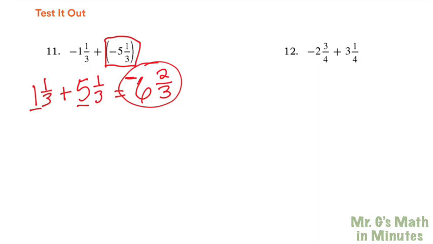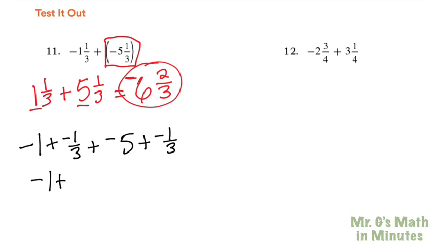I could also split these problems apart as well, doing the same thing that we did the last time. So I would take negative 1 1/3 and make negative 1 plus negative 1/3 plus negative 5 plus negative 1/3. Put my whole numbers and my fractions together just like I did with the decimals.